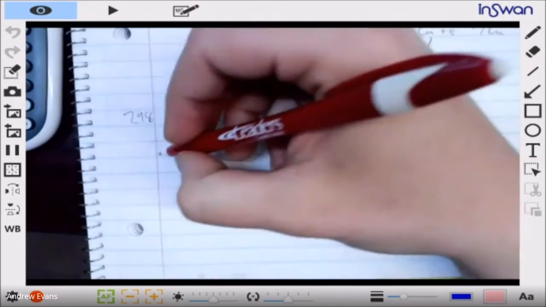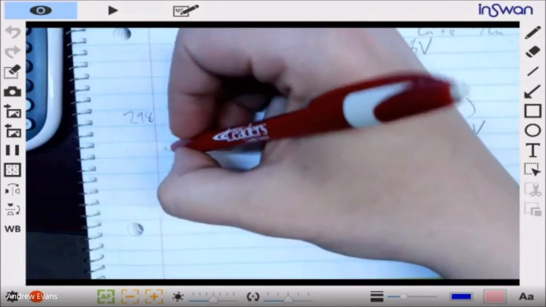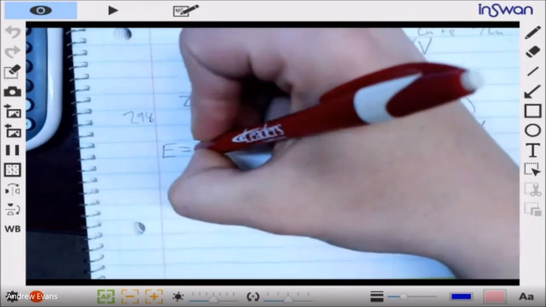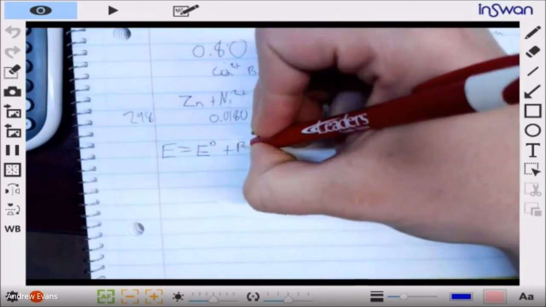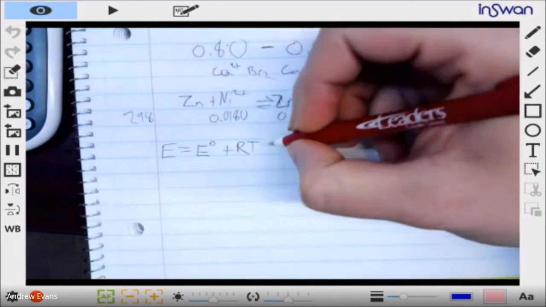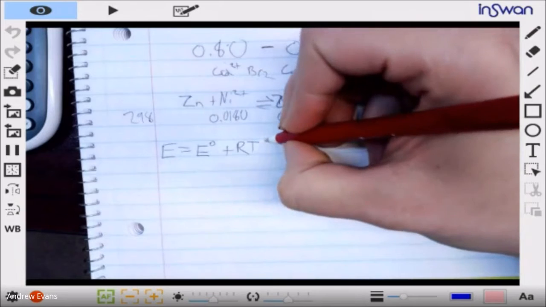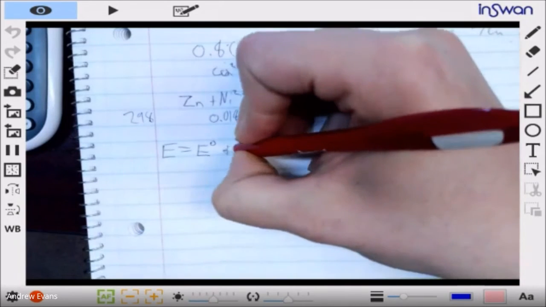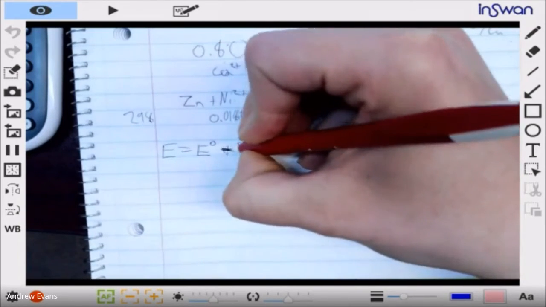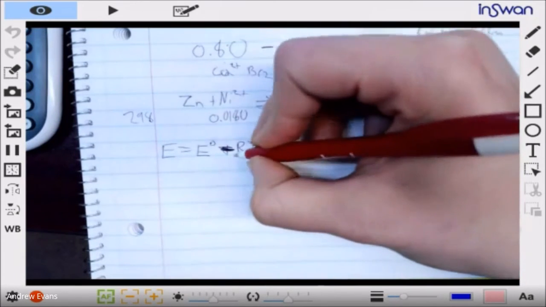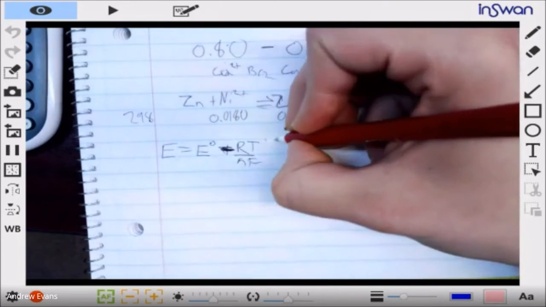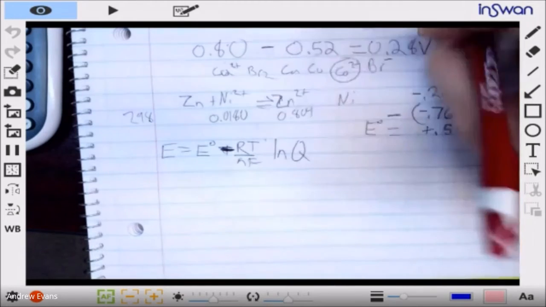Now my actual equation is E equals E standard plus RT, what is it? I think it's negative RT over NF ln Q.